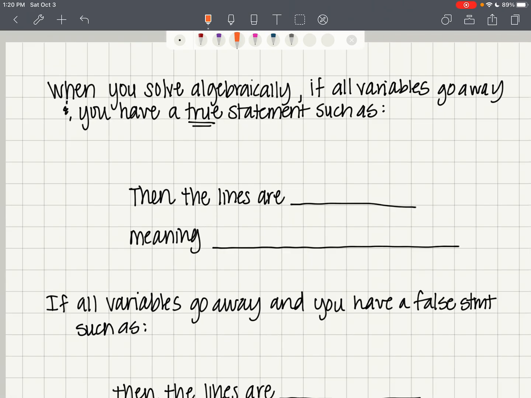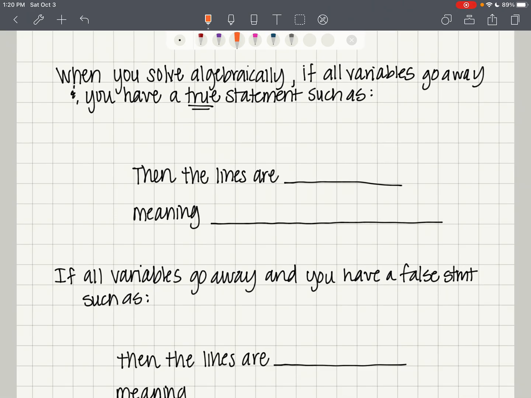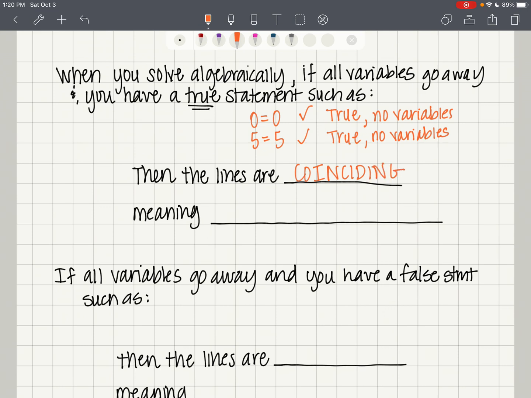When you solve algebraically, if all the variables go away and you have a true statement such as 0 equals 0, or maybe 5 equals 5, true and no variables, that means that the lines are coinciding. And when the lines are coinciding, you have infinitely many solutions.